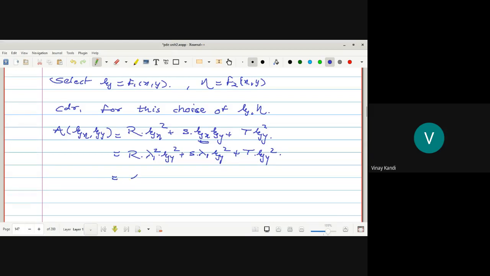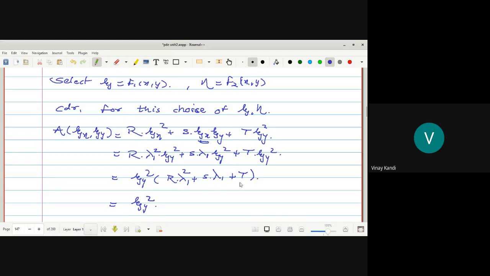Now taking xi y square common, in the bracket r lambda 1 square plus s lambda 1 plus t, so this is equal to xi y square.